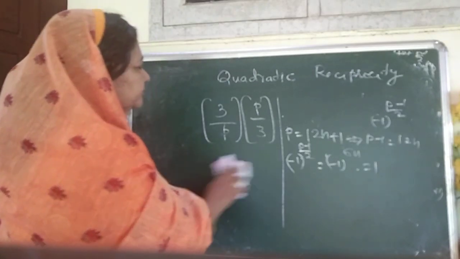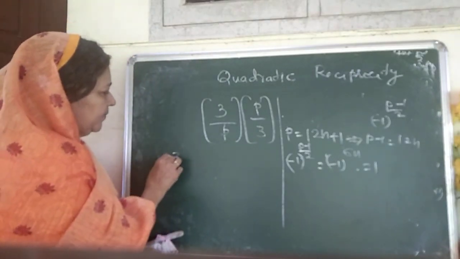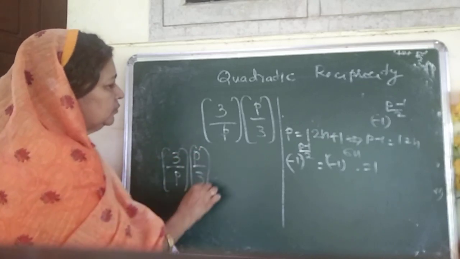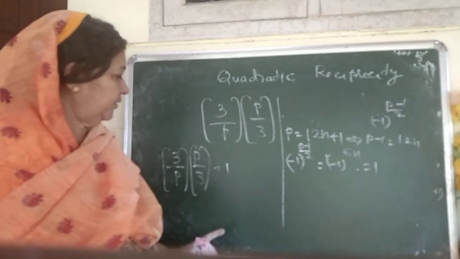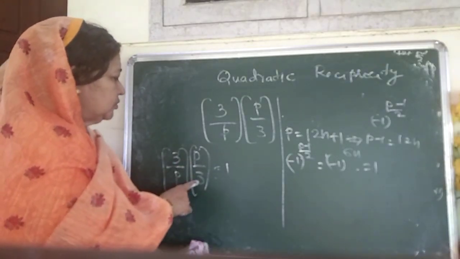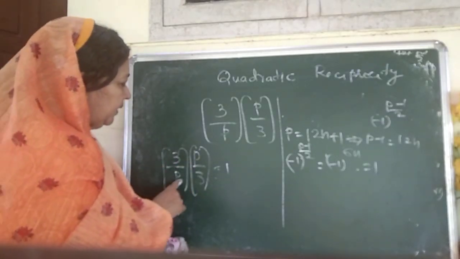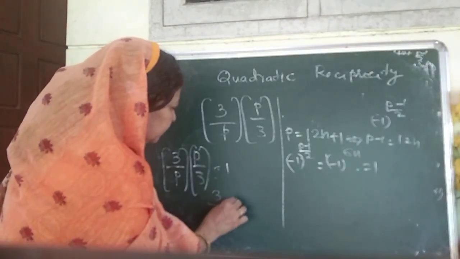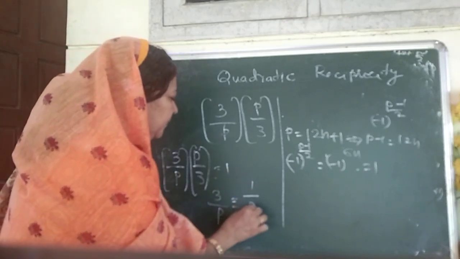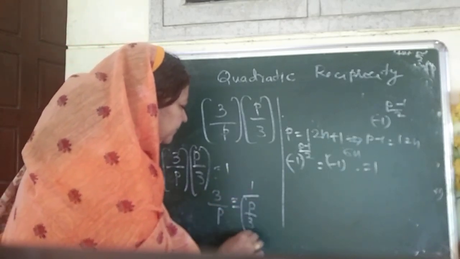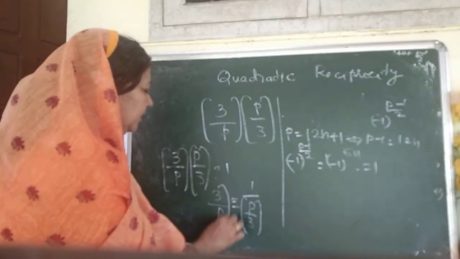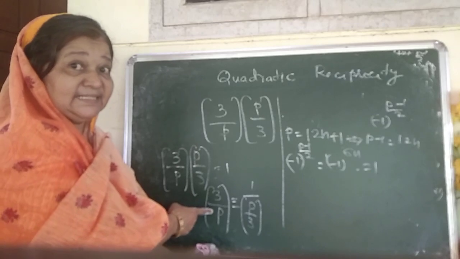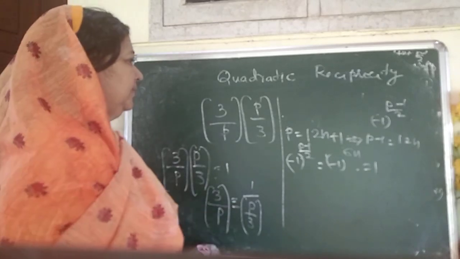Therefore we have (3/p)(p/3) equals 1. Therefore (3/p) equals 1 by (p/3), that is (3/p) equals 1/(p/3). This (p/3) is a Legendre symbol, not a fraction.